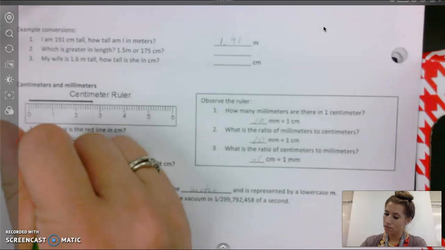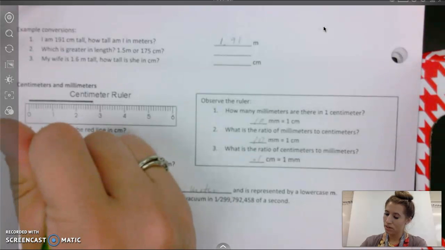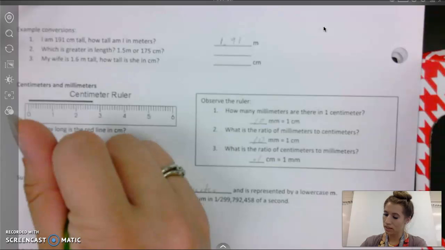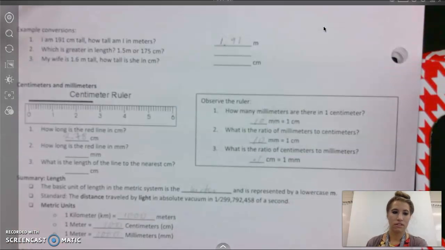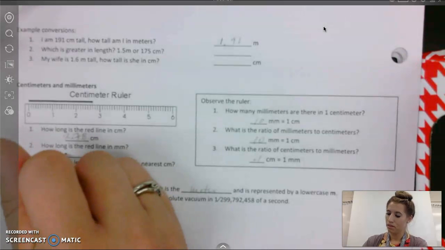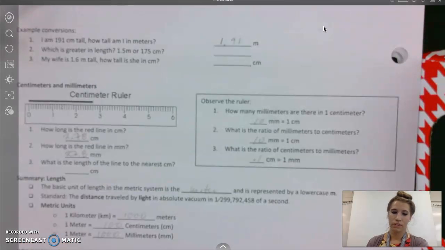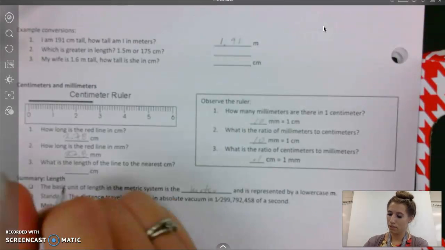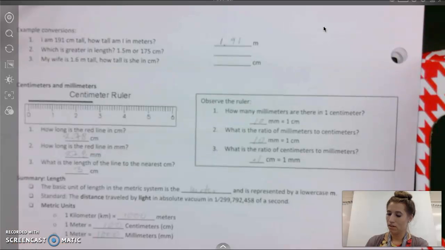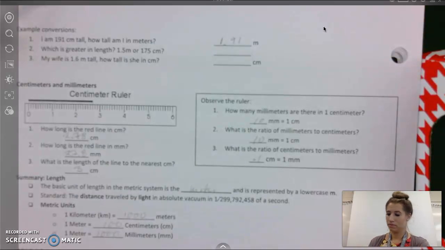So 2.7, and we'll estimate that it's 8/10 of the way to the next calibration mark. That would be 27.8 millimeters. If we rounded that to the nearest centimeter, that would be 3 centimeters.